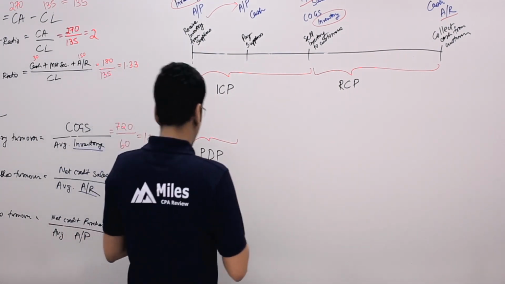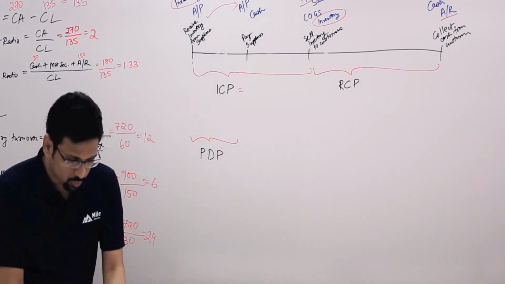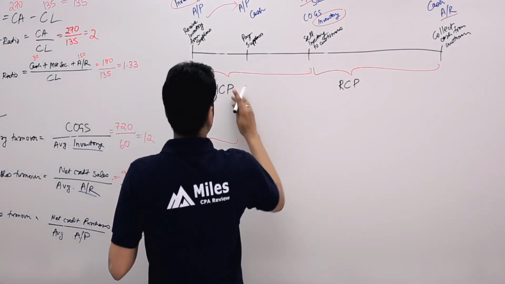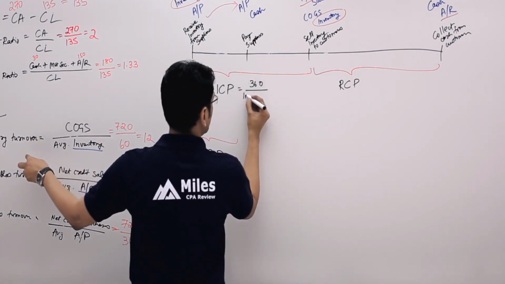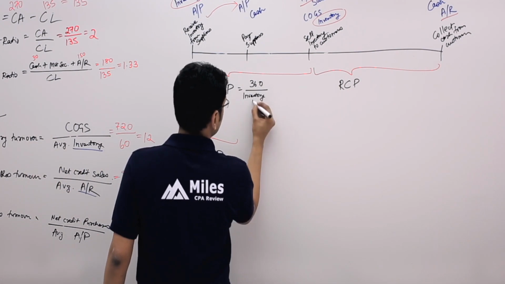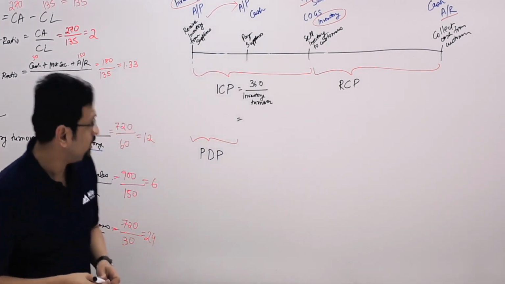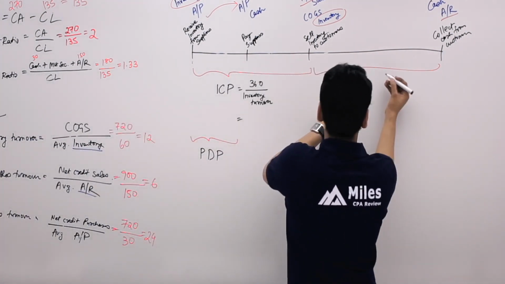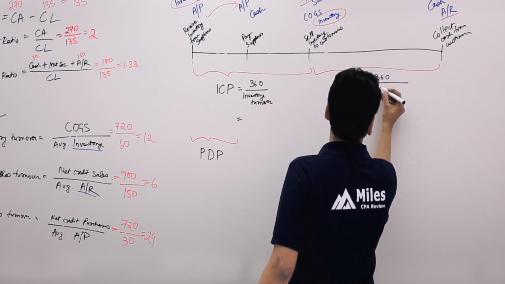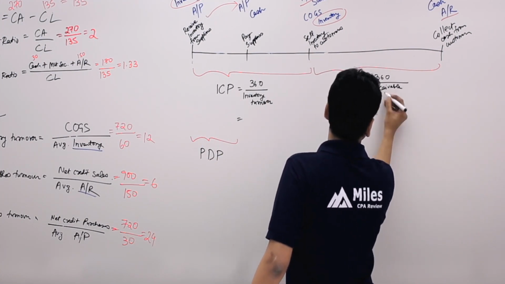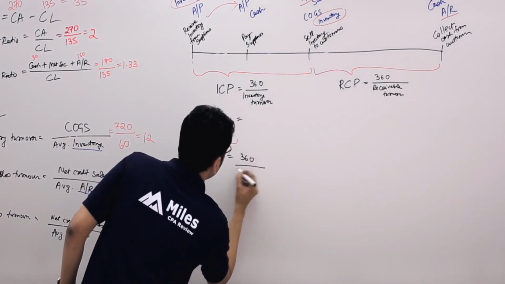For the inventory conversion period, a simple way of calculating this would be 360 by inventory turnover. We'll develop the other formula later. The receivables collection or conversion period is 360 by receivable turnover. And payables deferral, we will call it 360 by payable turnover.